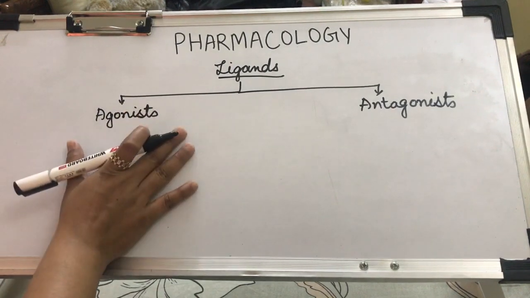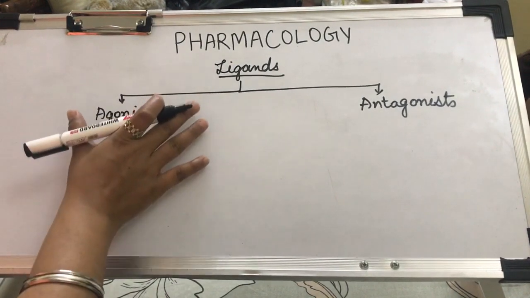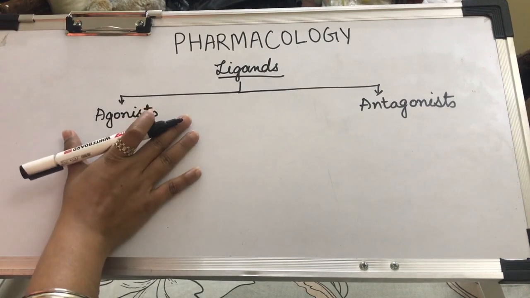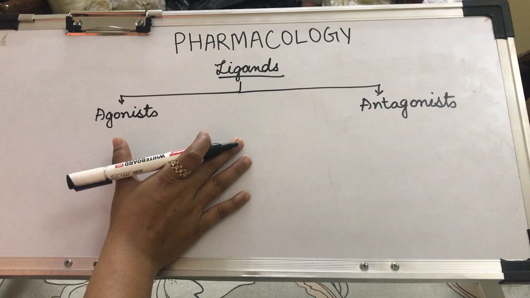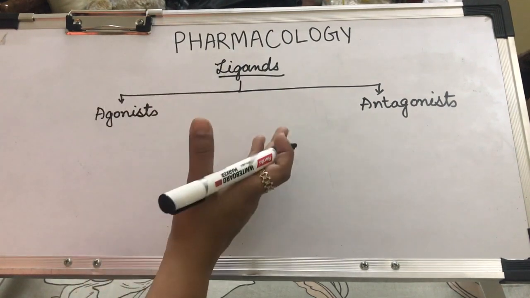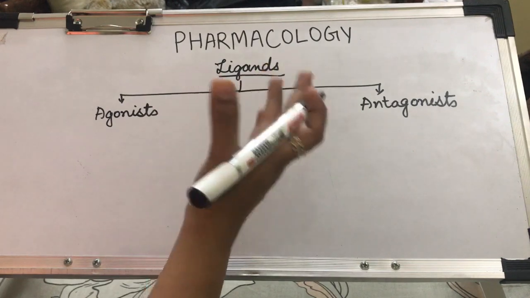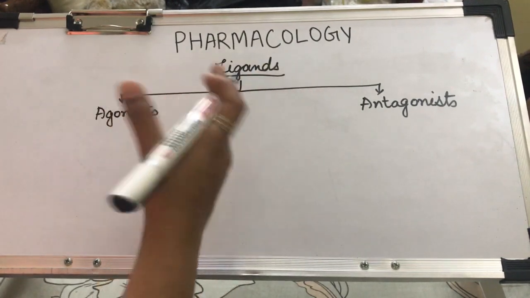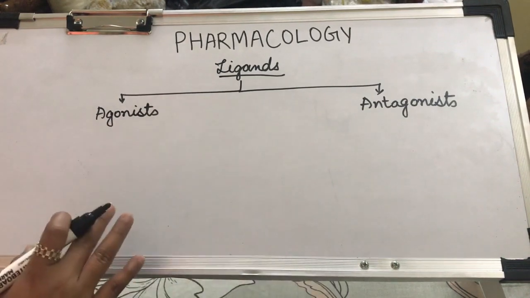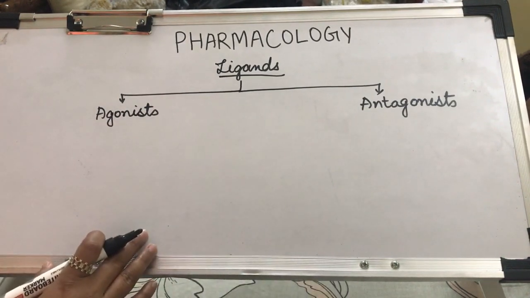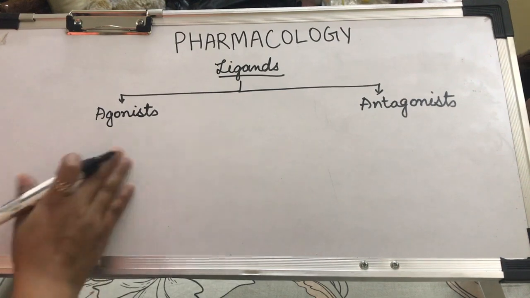Agonists are the substances that come and bind to the receptor and activate the receptor to give a pharmacological response which is similar to the response produced when a substrate comes and attaches to the receptor.